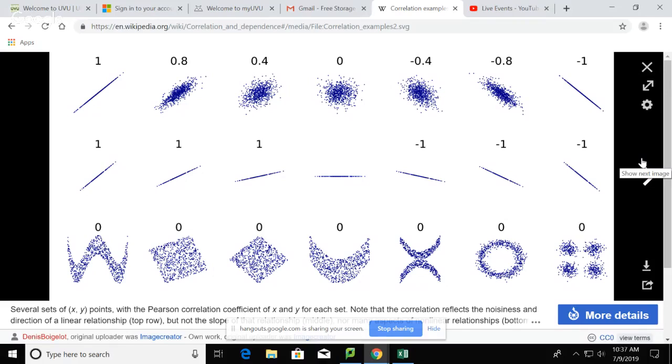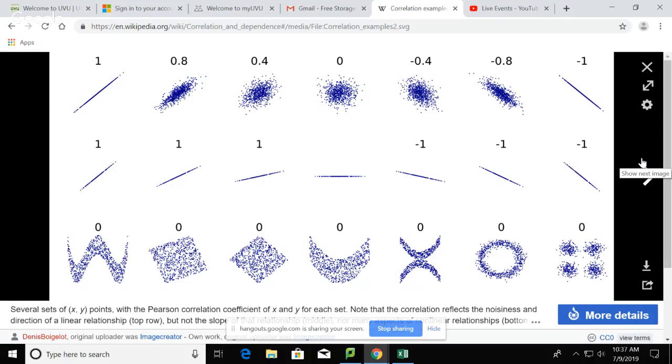Okay? Now, on this bottom row here, we have a bunch of data, and if you were to plug in your correlation coefficient, I should mention here, the correlation coefficient measures only linear correlation.